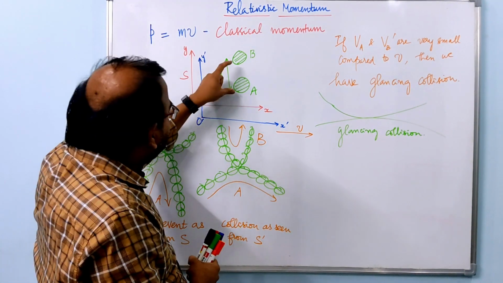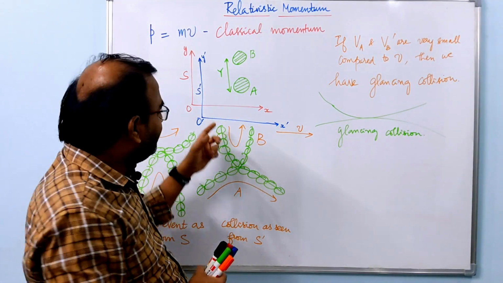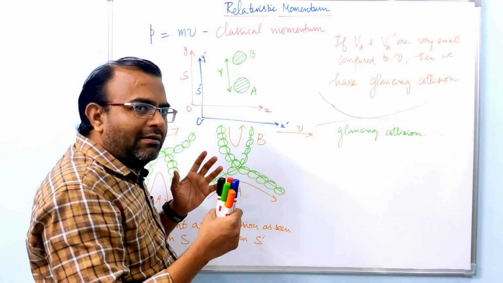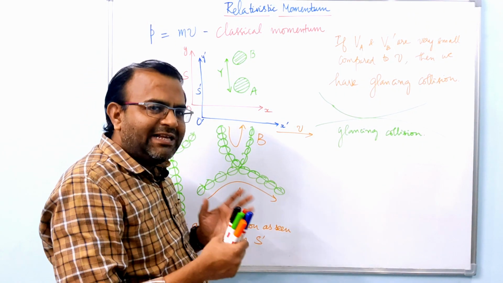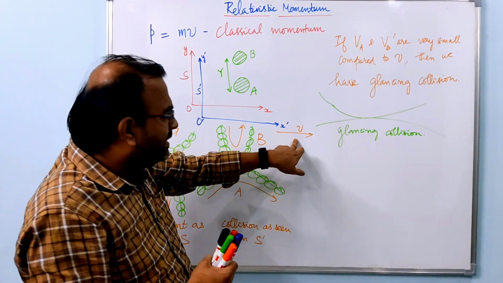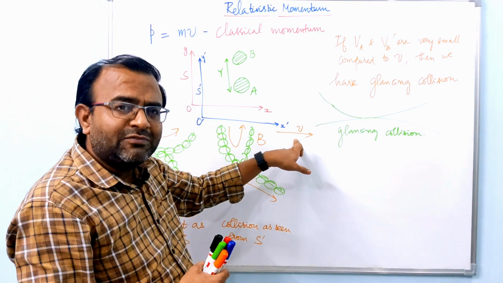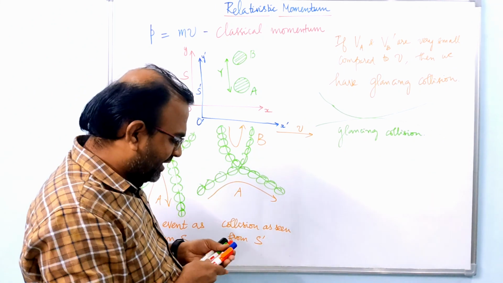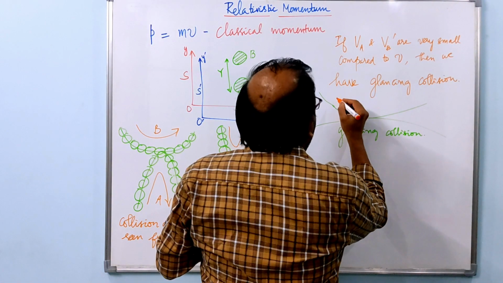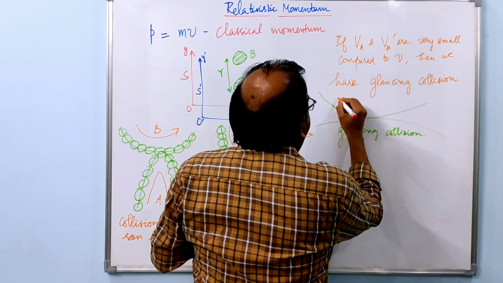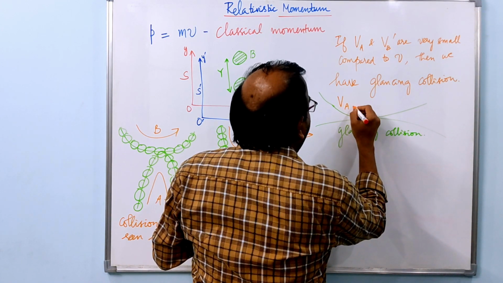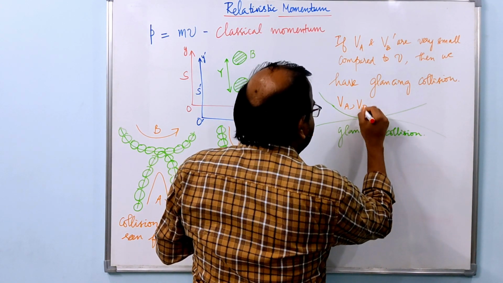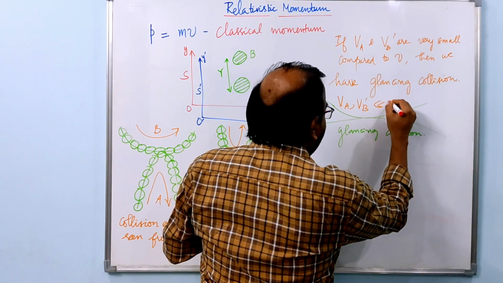Suppose the velocities of these two objects, that is VA and VB prime, are very small compared to the velocity of the relative motion between the two frames of reference, that is small v.